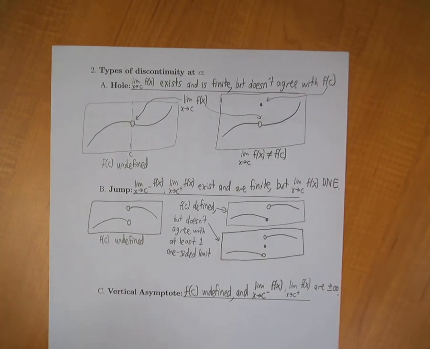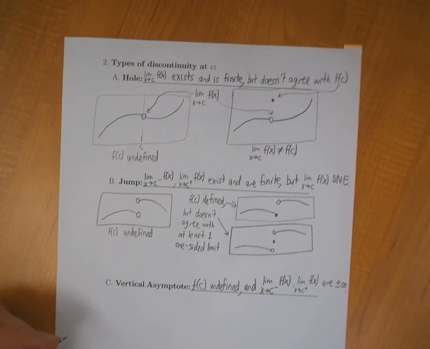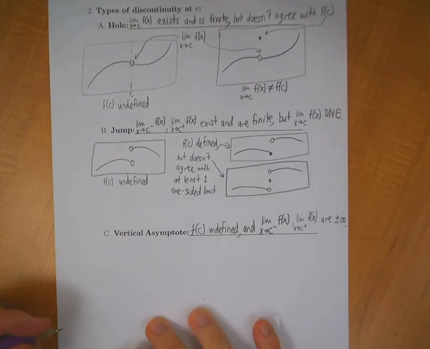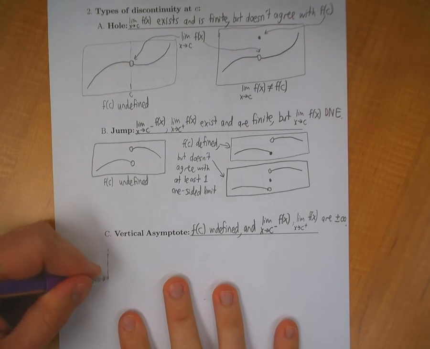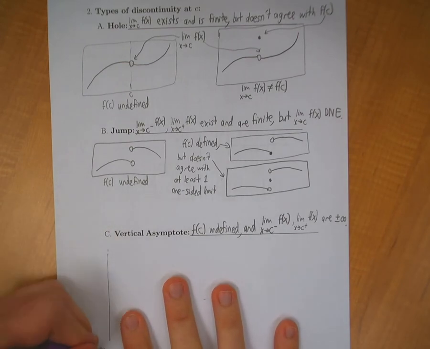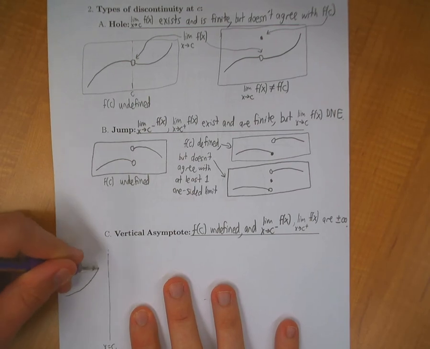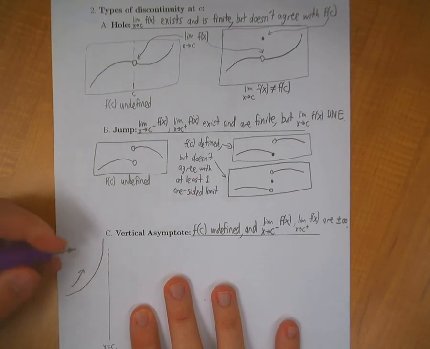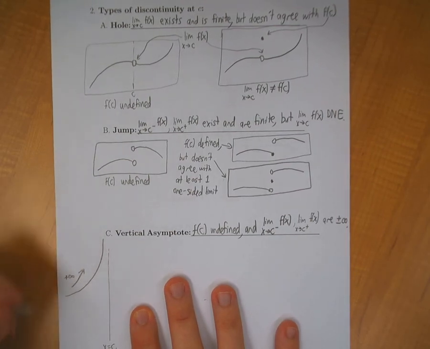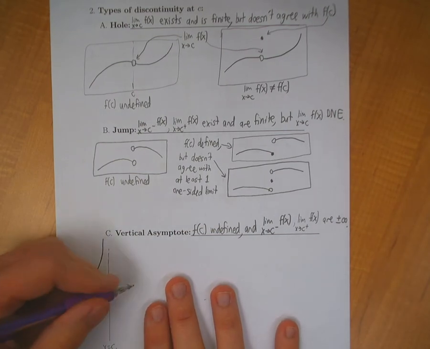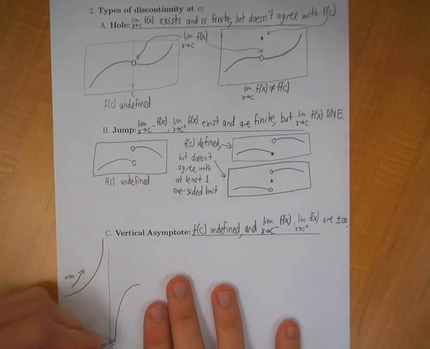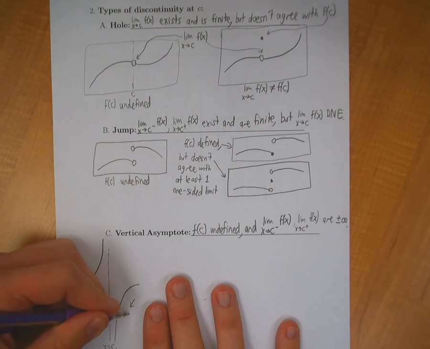So there are three general scenarios in which we could get a vertical asymptote, graphically speaking. One such scenario is that if we have x equals c, right here, the limit as x approaches c from the left is going to shoot up to positive infinity, but the limit as x approaches c from the right is going to shoot down to negative infinity.